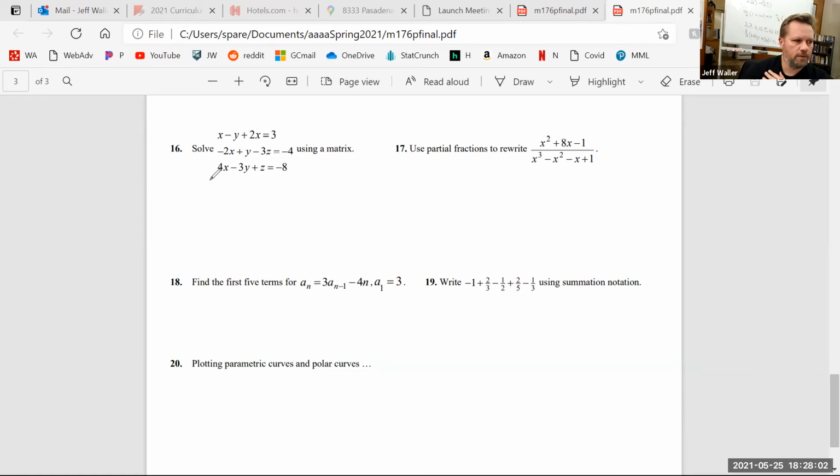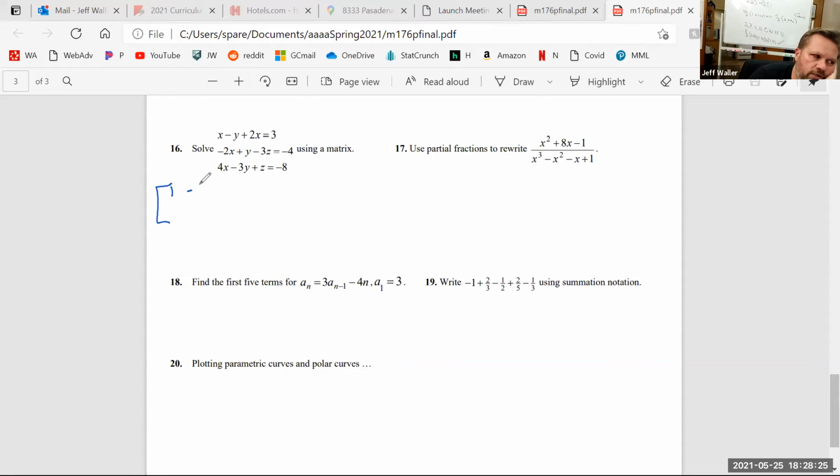Okay, so can somebody help me write this as a matrix? How would I write that system as a matrix? 1, -1, 2.